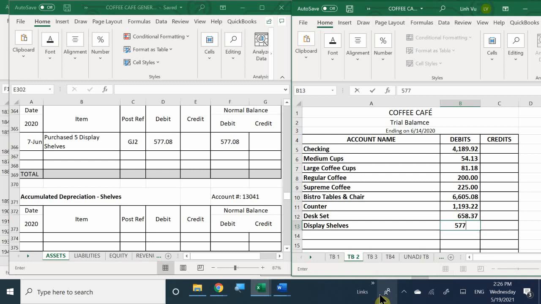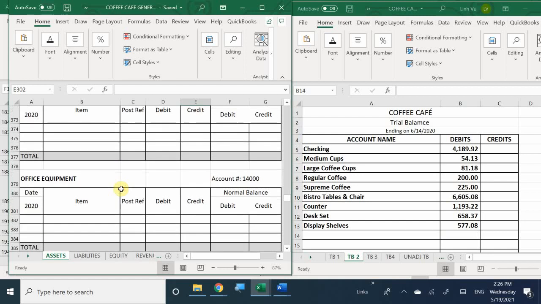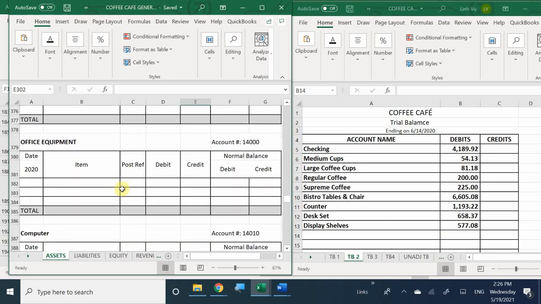Yes, for $577.08. Oh, almost fat fingered another one. 577.08. Okay. No depreciation yet. What was that, Melinda? Did you add something? Oh, no, I'm good. Okay, perfect.